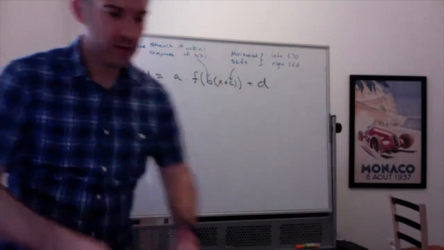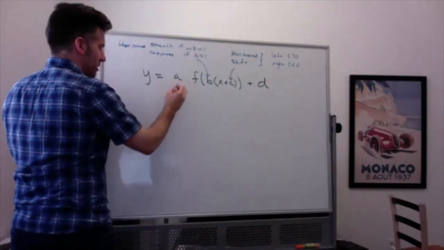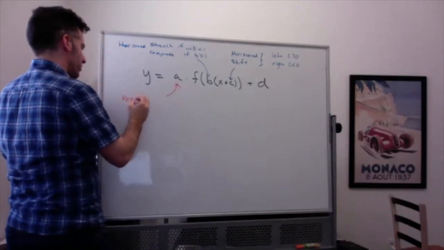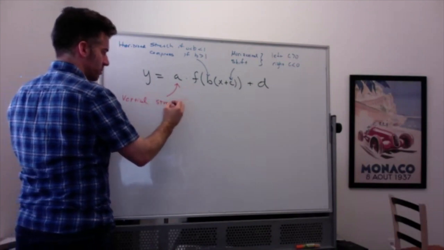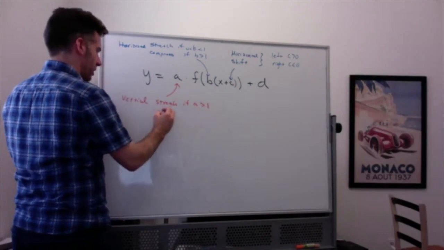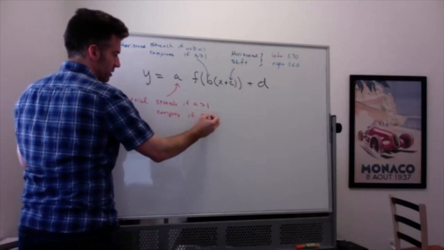And then we have the vertical stuff on the outside. So this here, it's a vertical stretch if a is greater than 1. It's a vertical compression if a is between 0 and 1.